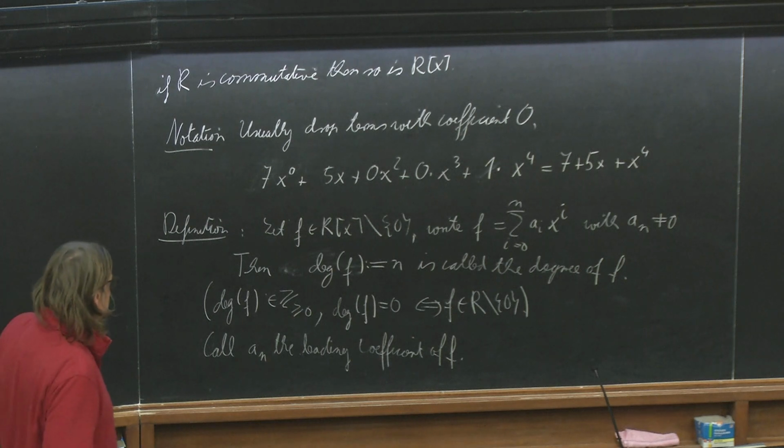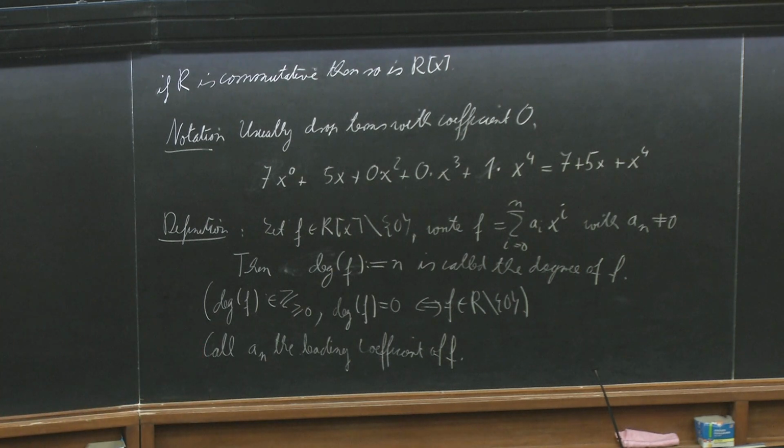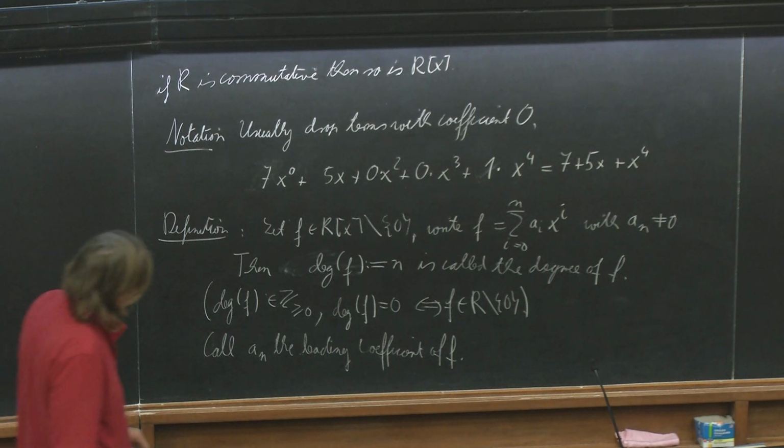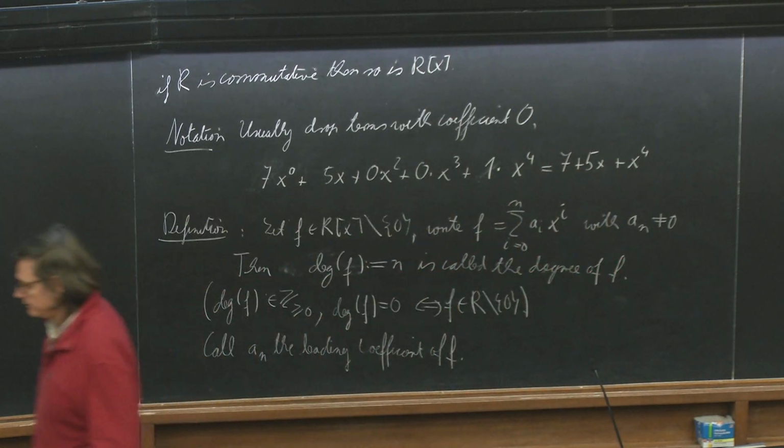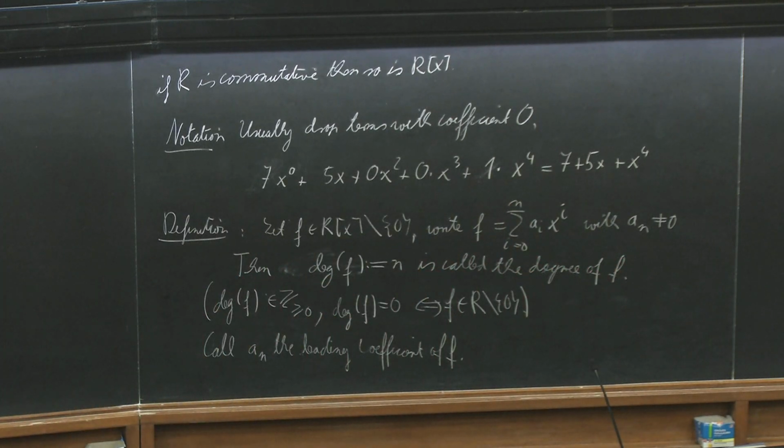And then this definition is useful to show, for instance, that if our ring to begin with was an integral domain, then the polynomial ring is also an integral domain. It's a very easy observation. Remark. Let R be an integral domain.